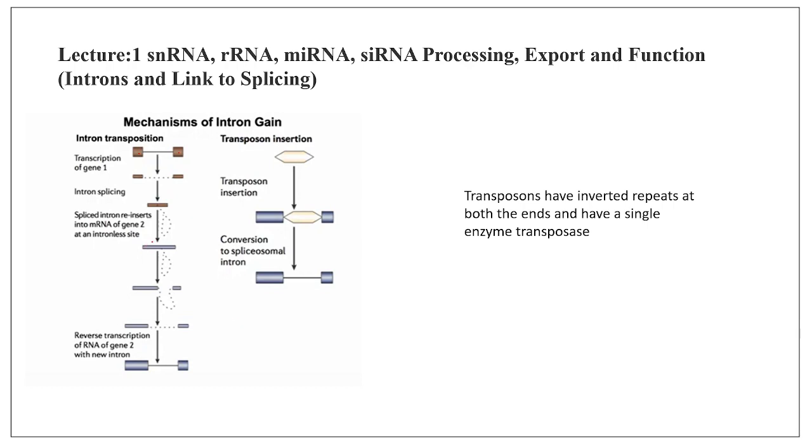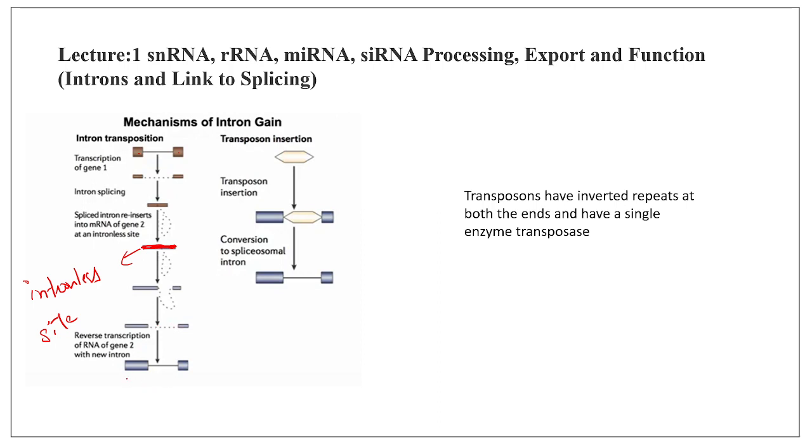This is a complete exon, you can see there are no introns, so this is an intronless site. This can be cut, and then this intron can be inserted into it, and then when reverse transcription happens, this RNA is converted into cDNA.